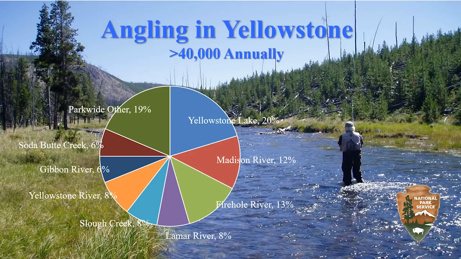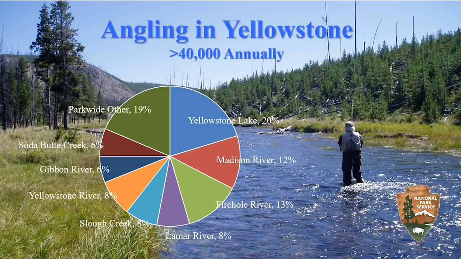Finally, a few notes about angling overall in Yellowstone, where typically over 40,000 anglers visit the park each year. In terms of where people go and what waters are used mostly, you can see in this pie chart, Yellowstone Lake is used by about 20% of the anglers that come to the park.